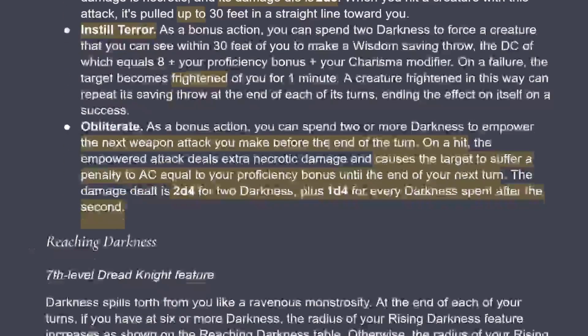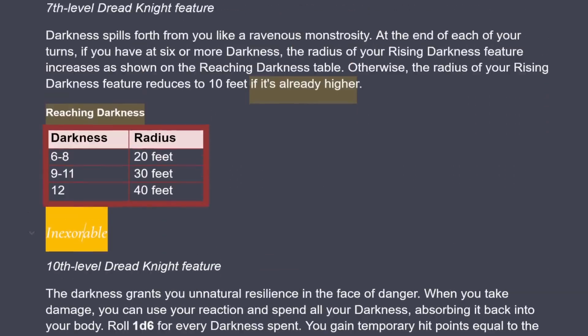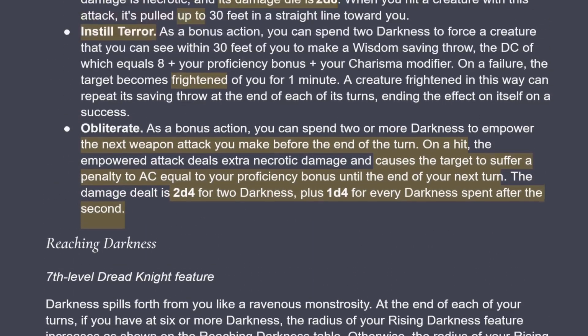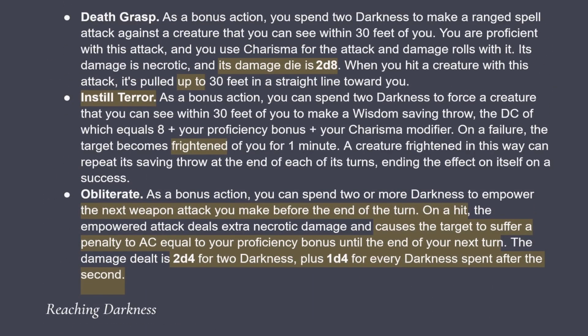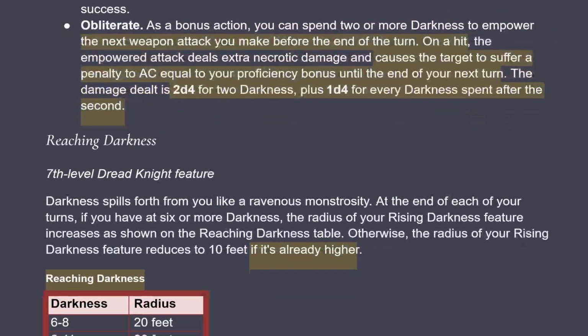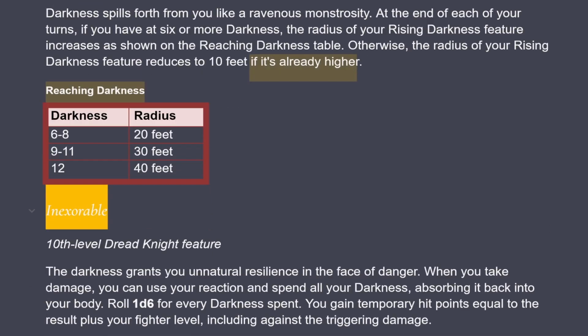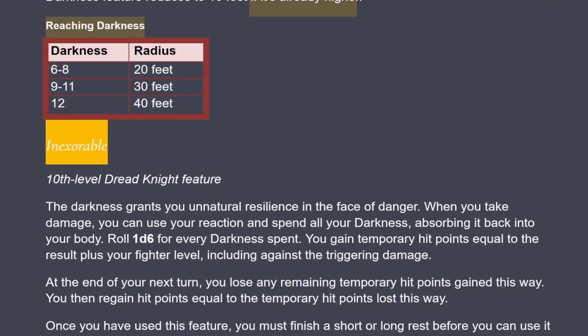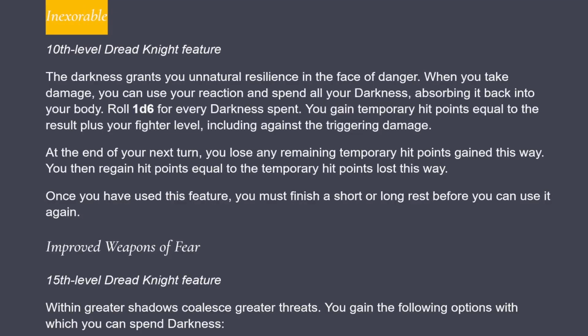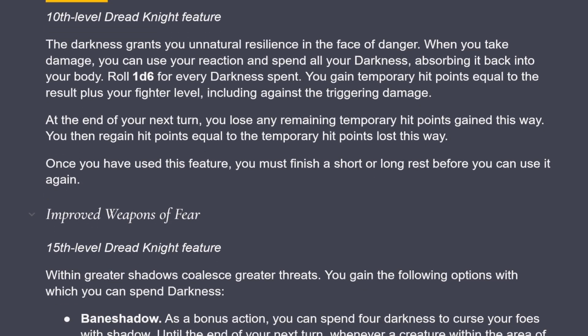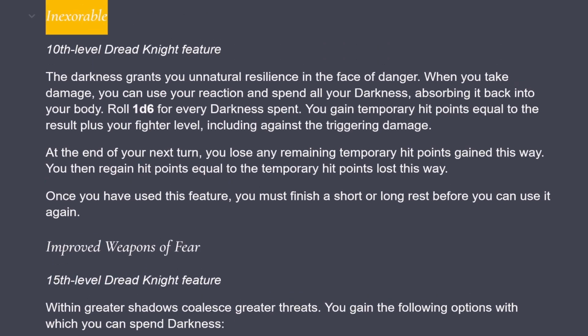You might still end up using it, especially if you're spending darkness more often and not necessarily able to afford to use one of your spending darkness options every round. Maybe that extra attack with the bonus action becomes really clutch because it helps you build it back up faster to spend it again and then not need it, ironically. But yeah, Inexorable, I think, is a great feature. I don't really think I would change it in any way. I think it's really cool.